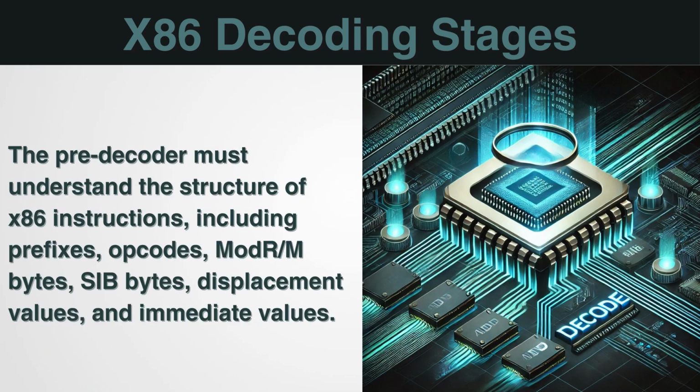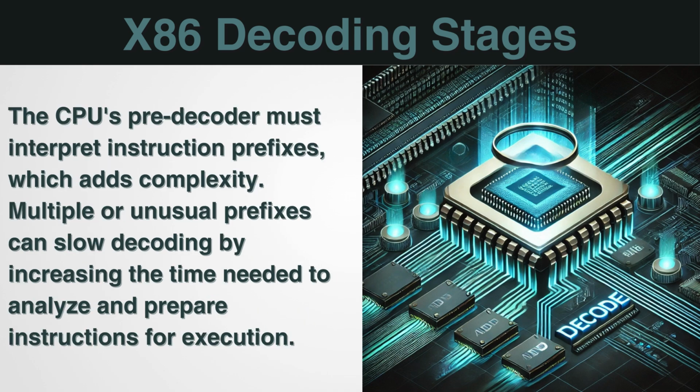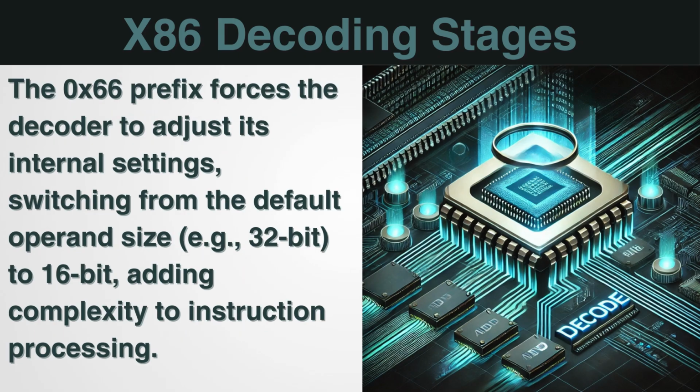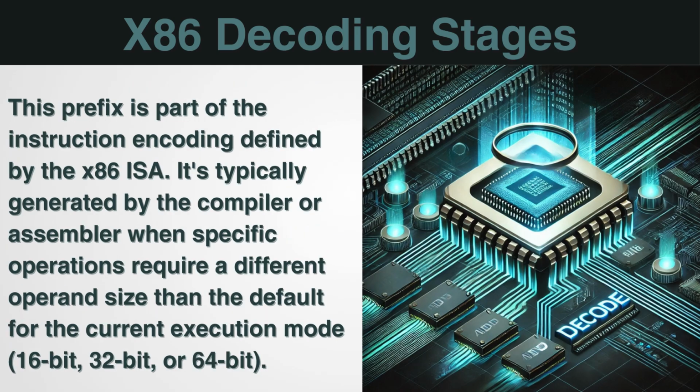The CPU's pre-decoder must identify the prefix, so it can slow decoding, adjusting the instruction length and reconfiguring the decode logic for different operand sizes. It adds complexity to instruction decoding and increases decode time, especially in tight loops. The x86 prefix forces the decoder to modify its internal settings to handle 16-bit operands, for example.